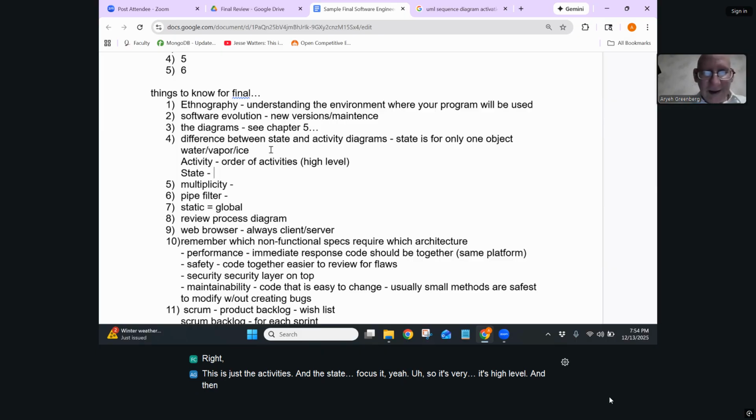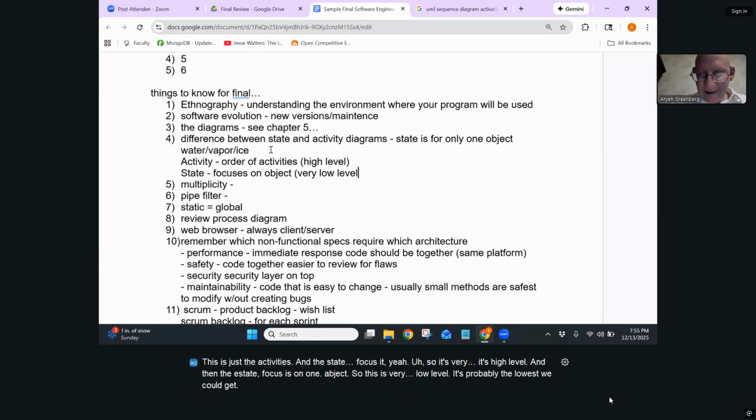And the state diagram focuses on one object, so this is very low level. It's probably the lowest we could get, because it tells you all the different states or values.